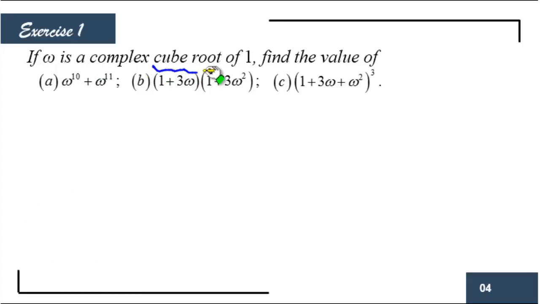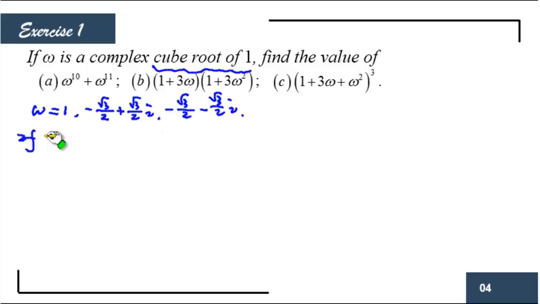According to what was just mentioned, we could see omega equals 1, or negative 1 over 2 plus square root 3 over 2 i, or negative 1 over 2 minus square root 3 over 2 i.